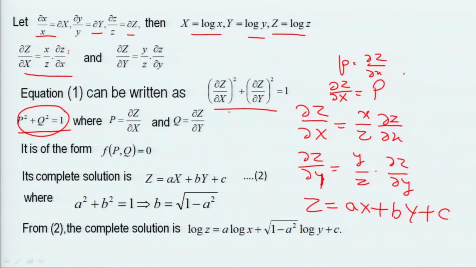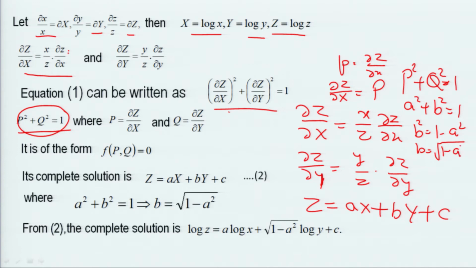From this, p square plus q square is equal to 1, and putting here p equal to a and q equal to b, we get b square is equal to 1 minus a square, and b is equal to under root 1 minus a square, and put here a capital X plus under root 1 minus a square capital Y plus c.